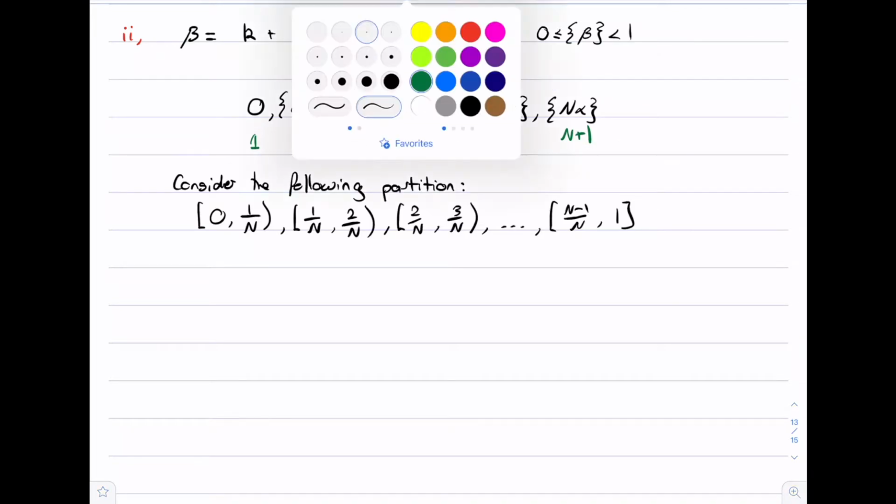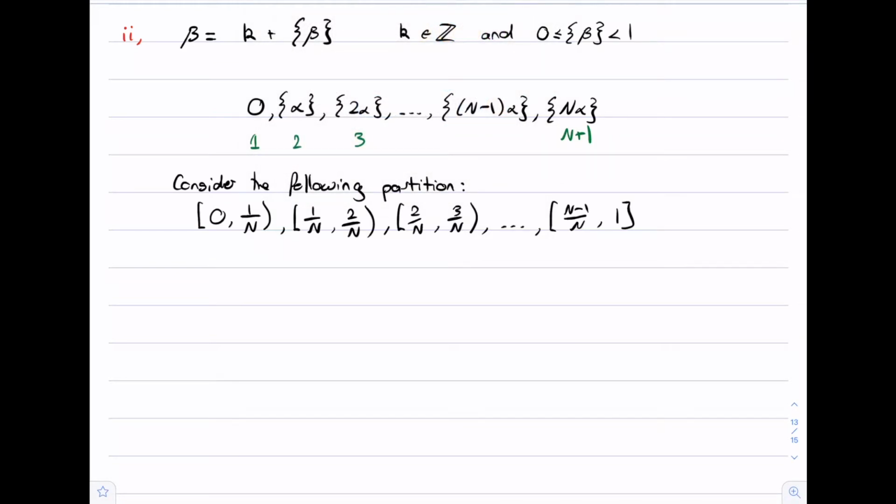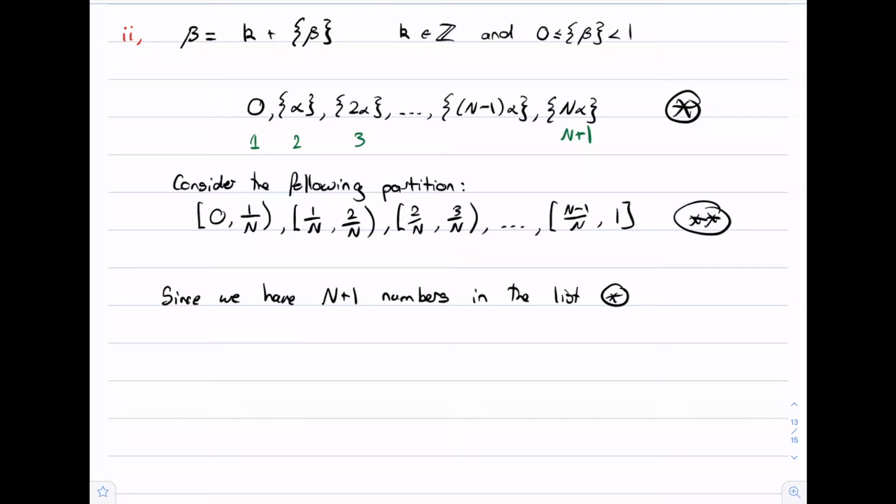So let's actually say that as part of our solution. Since we have n plus 1 numbers, and maybe let's label this list star, and let's call this one here double star. And we only have how many sets here?